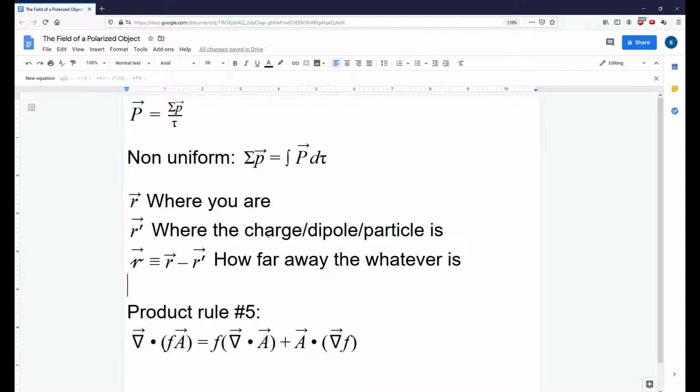Script r hat is the unit vector of script r. Next, to find the total potential contributions of all of those dipole moments, we add them together. But again, adding a bunch of dipole moments is equivalent to integrating this dipole moment per unit volume with respect to volume. And so that's how we get equation 4.9.